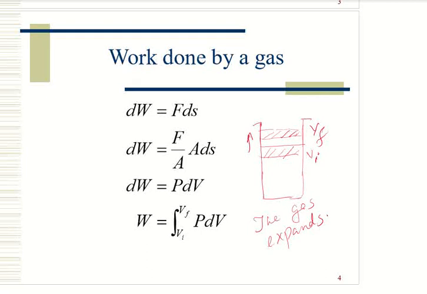Normally in mechanics we calculate the work done with the formula: work done is equal to the force times the displacement. This is the basic formula that you know from your school books. Now we do some manipulation of this formula. We divide and multiply this formula by the area, the area of the piston, or surface area of the piston, whatever you call it.